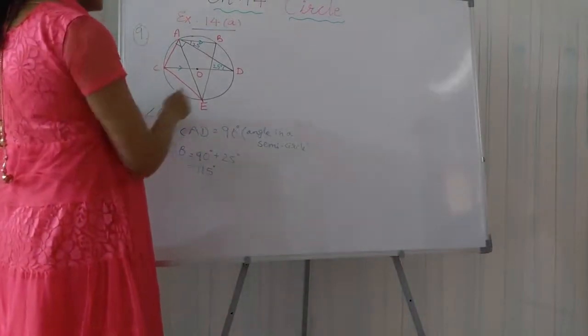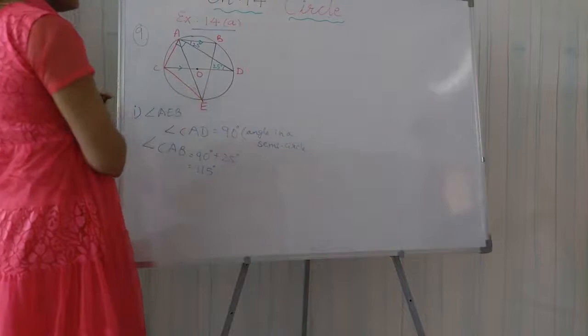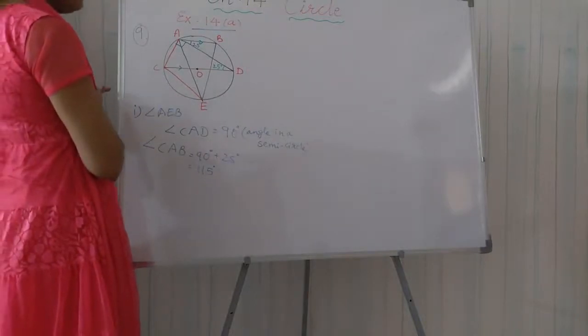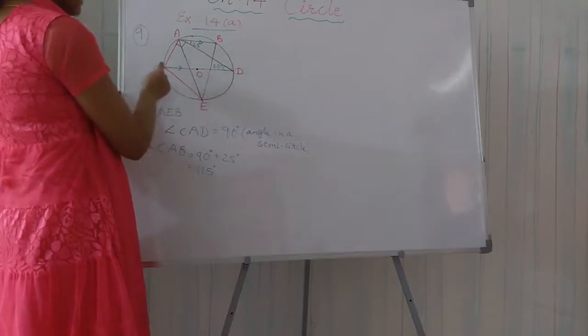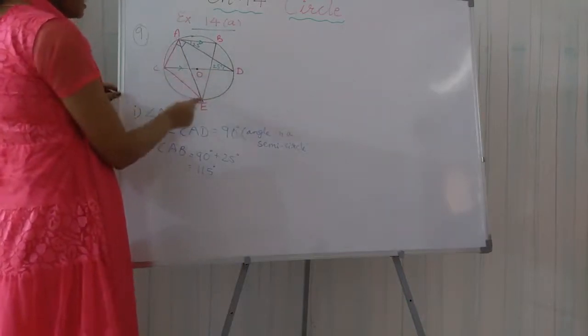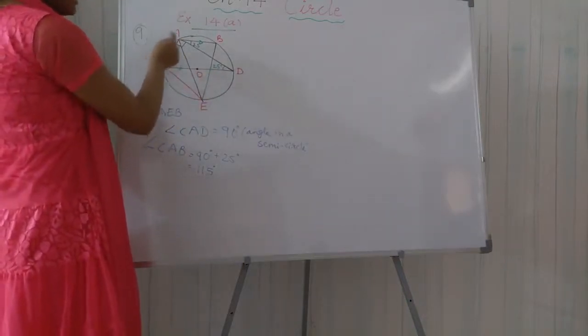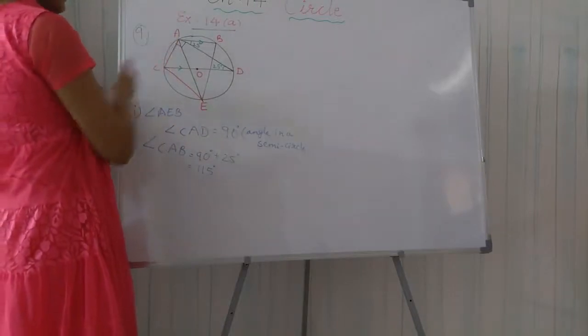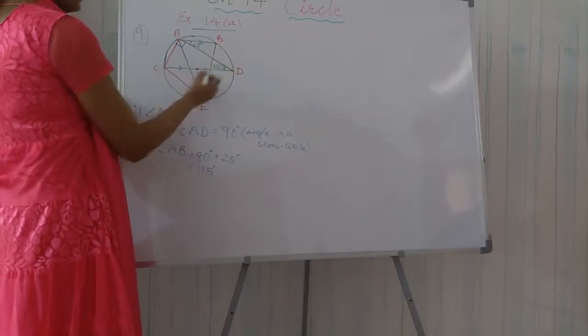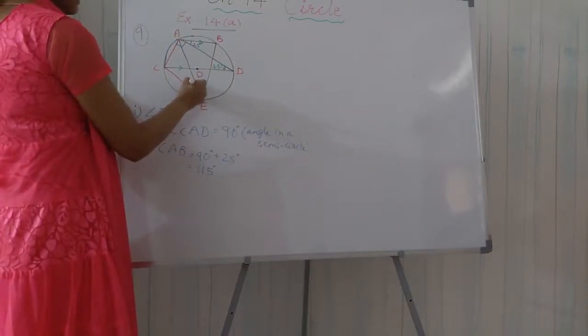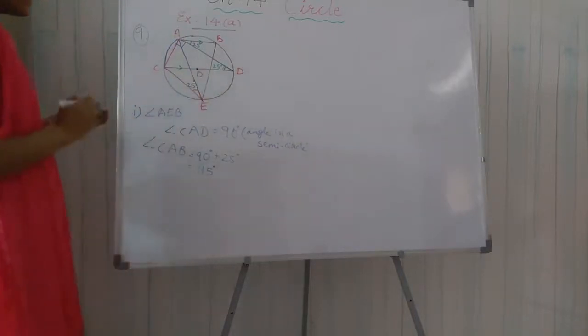Now students, here we have to see this angle is also 25. How? That I am showing you. This angle ABC and angle AEC both are lying on the same arc AC. This is the arc AC and these angles will be the same because they lie on the same arc.